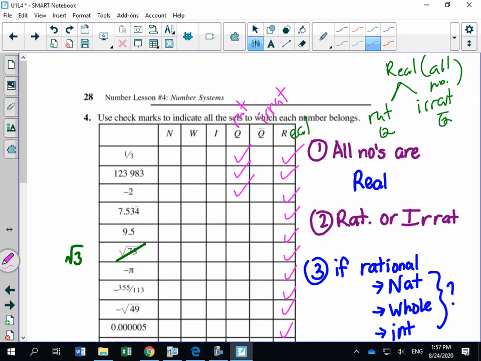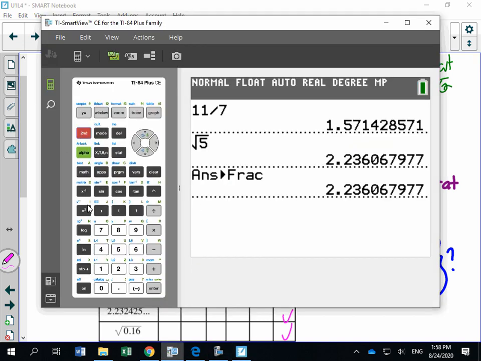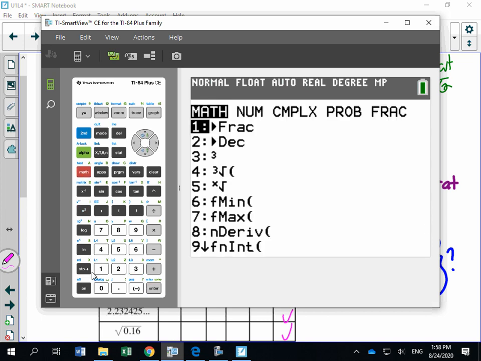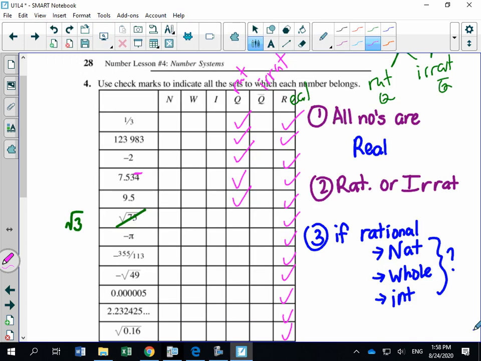All our nice numbers are rational, right? This guy, repeating decimal, it is irrational, right? This guy, terminating decimal, it can go into a fraction. This guy's rational. This guy, square root of 3, looks ugly, stays ugly. That guy's irrational.